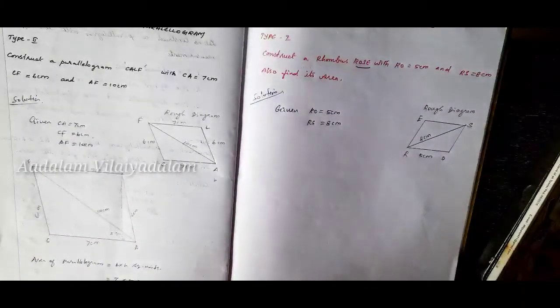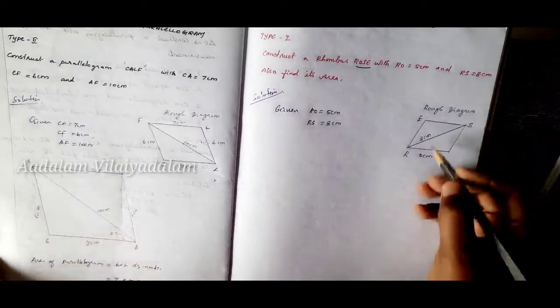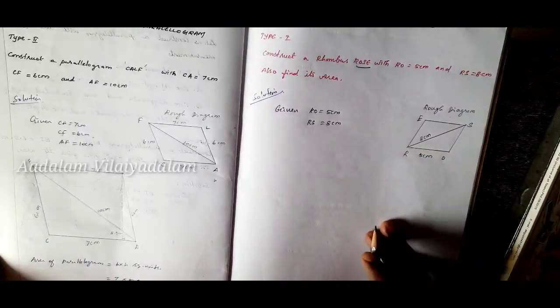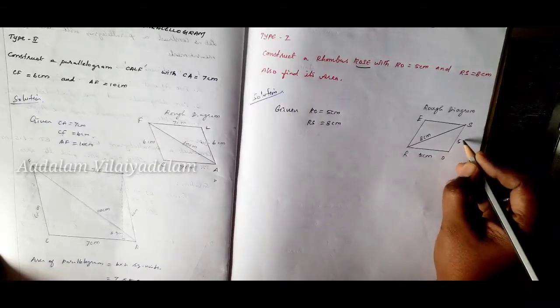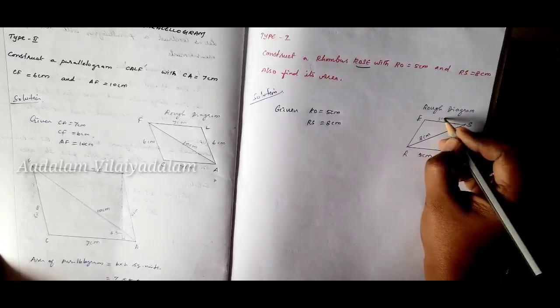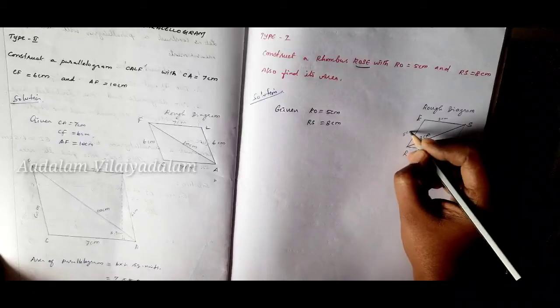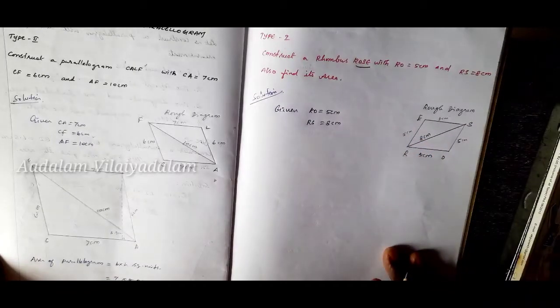Let us remember one of the characteristics of a rhombus, that is all the sides of the rhombus are equal. So therefore this is 5 cm and this side 5 cm and another side also will be 5 cm.